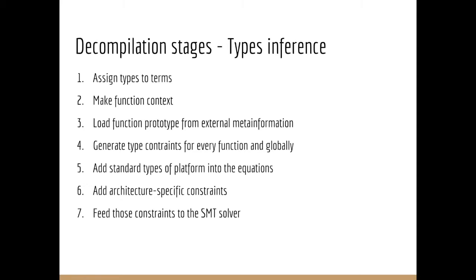And it adds architecture specific constraints, like the specifics of using types on a given architecture, for example the difference in usage of C types between 32-bit and 64-bit platforms. Finally, we feed these constraints to the SMT solver, which will produce the model of the type system.